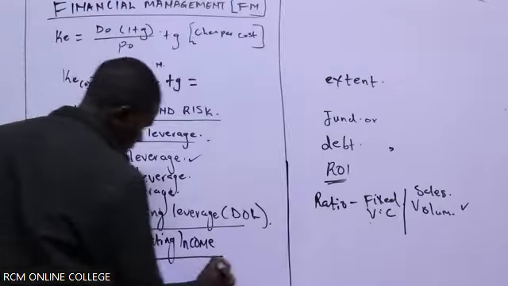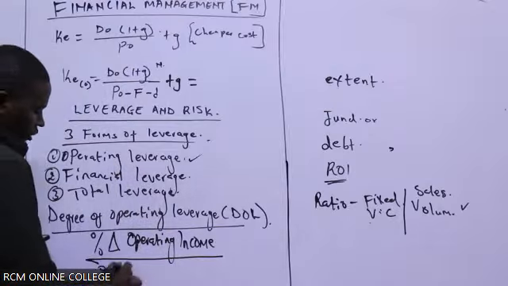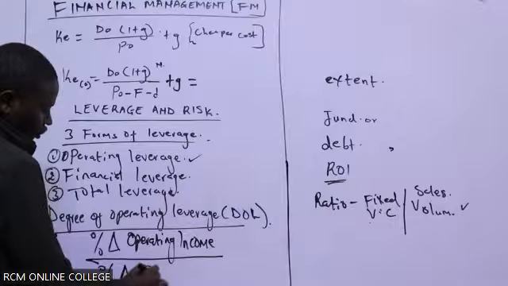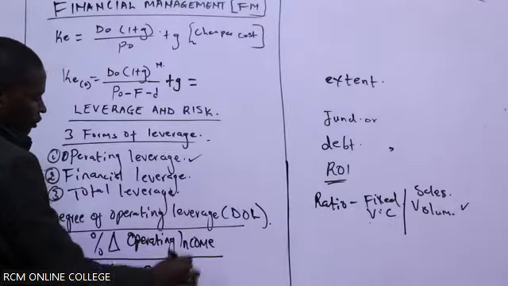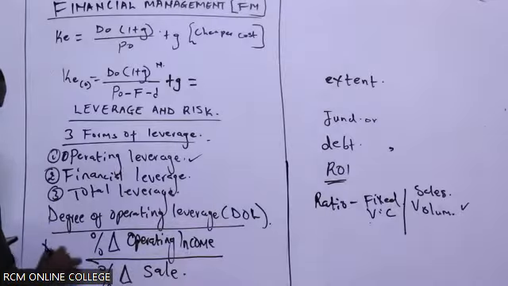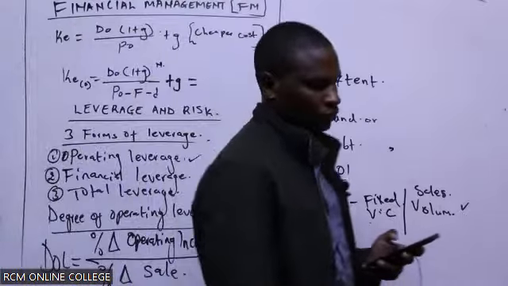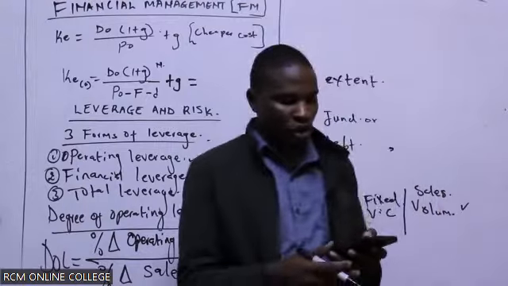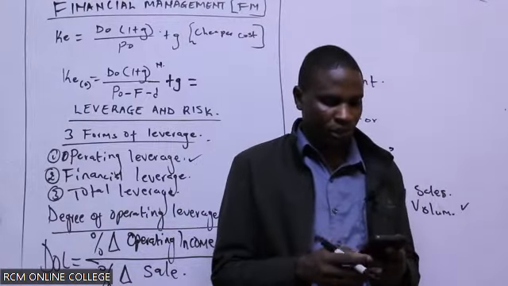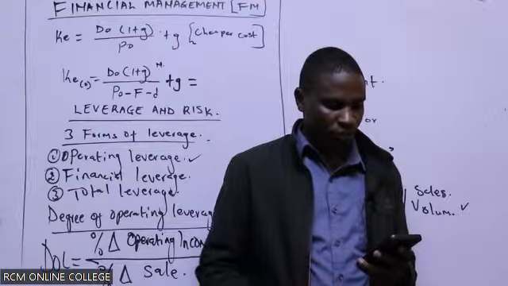You remember the change symbol. Percentage change in operating income divided by the percentage change in sales. That will be DOL.